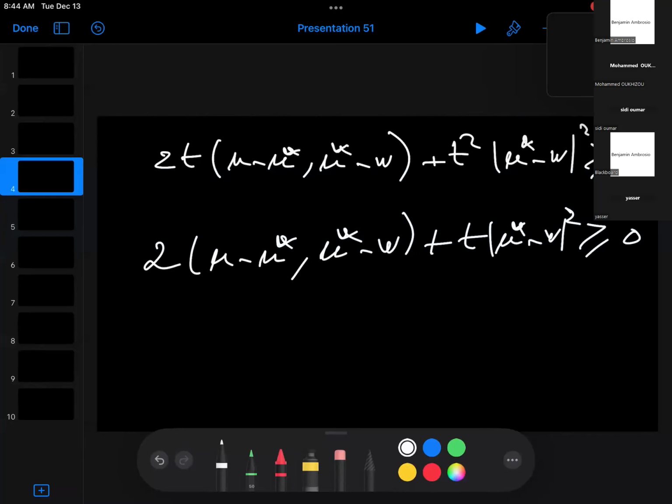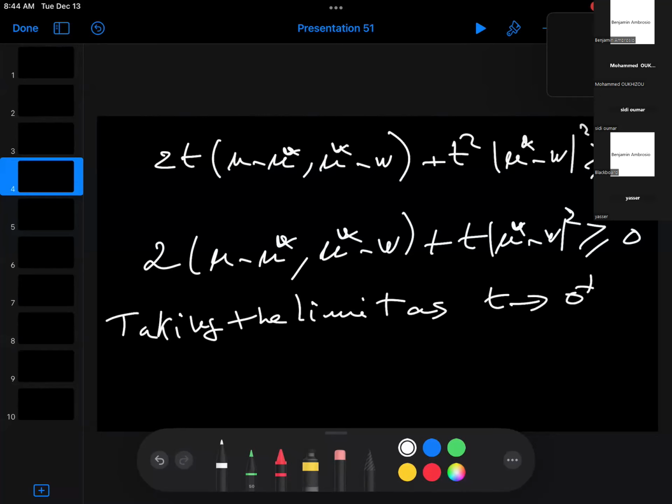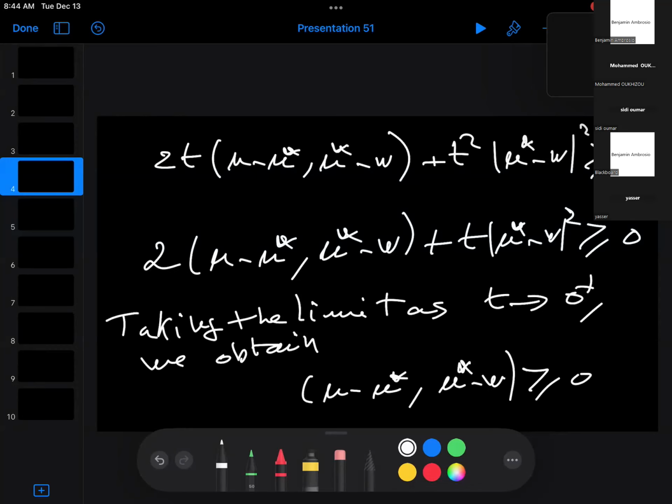Now taking the limit as t goes to 0, we obtain that the scalar product of U minus U star and U star minus W is non-negative. And that's what we want.